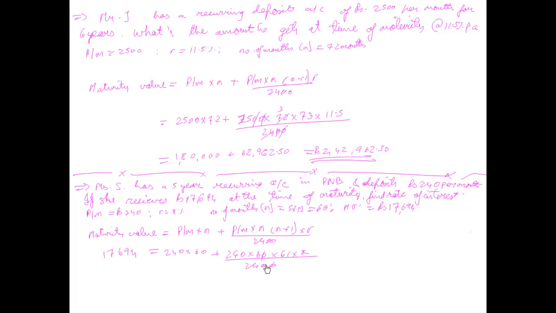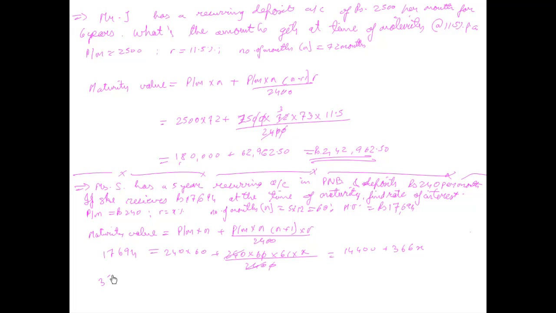This cancels with this, cancels with this, children. And 240 times 60 is 14,400. 14,400 plus 366x. So this 14,400 comes here, children.